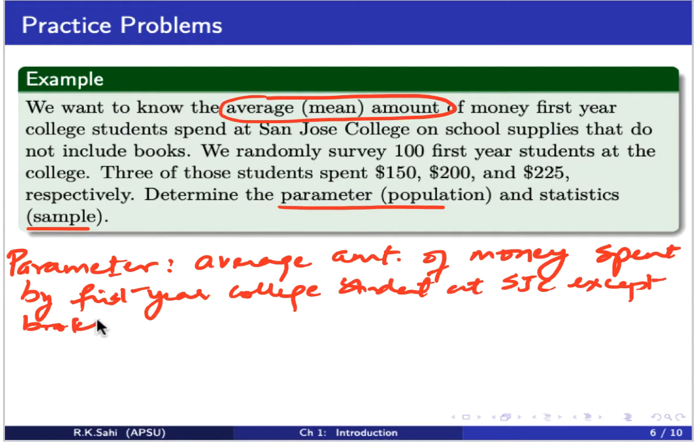So basically the word parameter means the numerical summary, and over here the numerical summary is the average, the mean. So what would be the statistic?